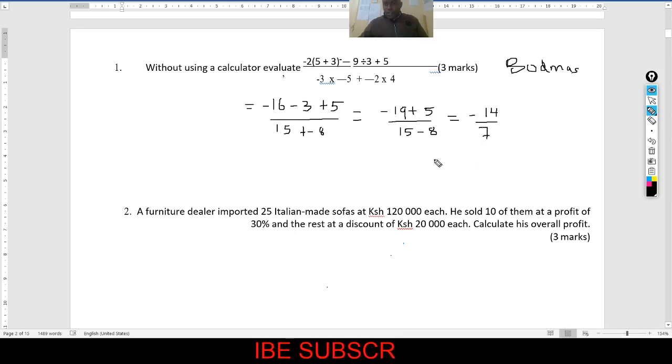So this finally gives you -2 as your answer. That's how you solve such a question.